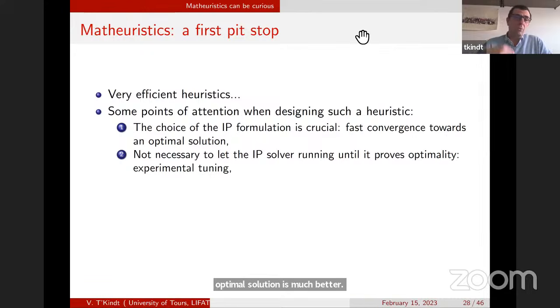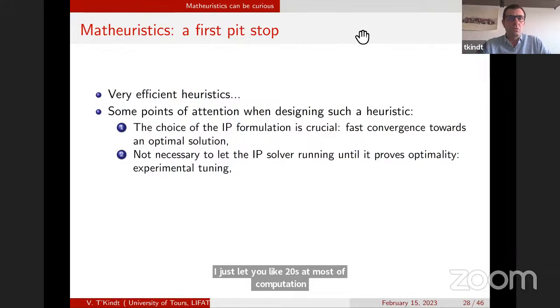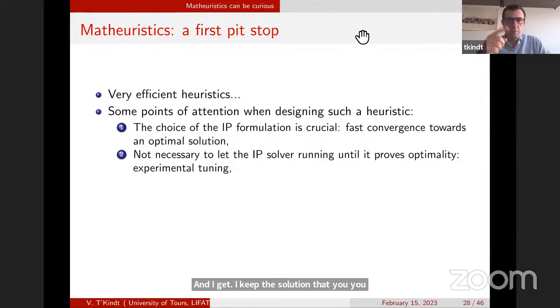Also, each time you use the IP in your Matheuristic, even if it's called on a subproblem, don't let the solver run until the end. Often it's better to say, I just give you 20 seconds at most of computation, and I keep the solution that you return to me and continue my process with that.